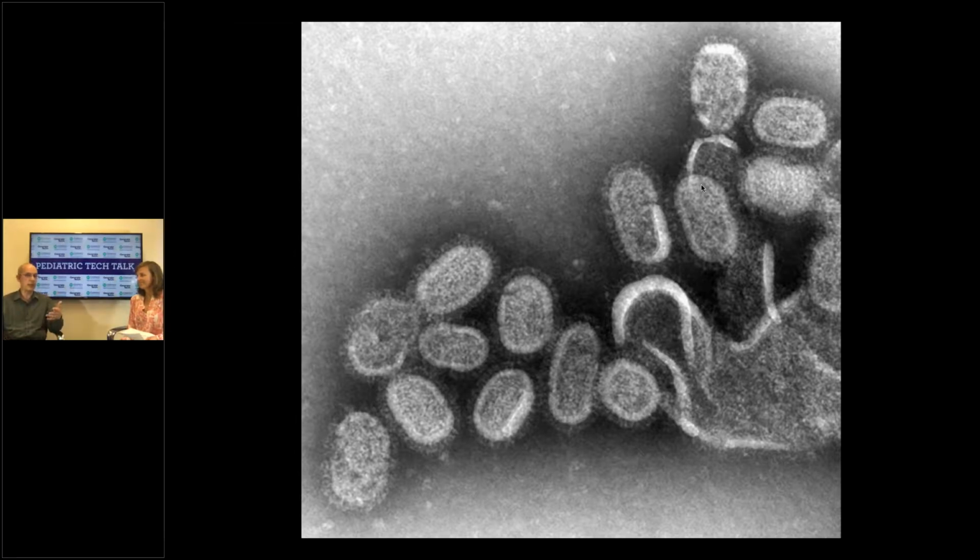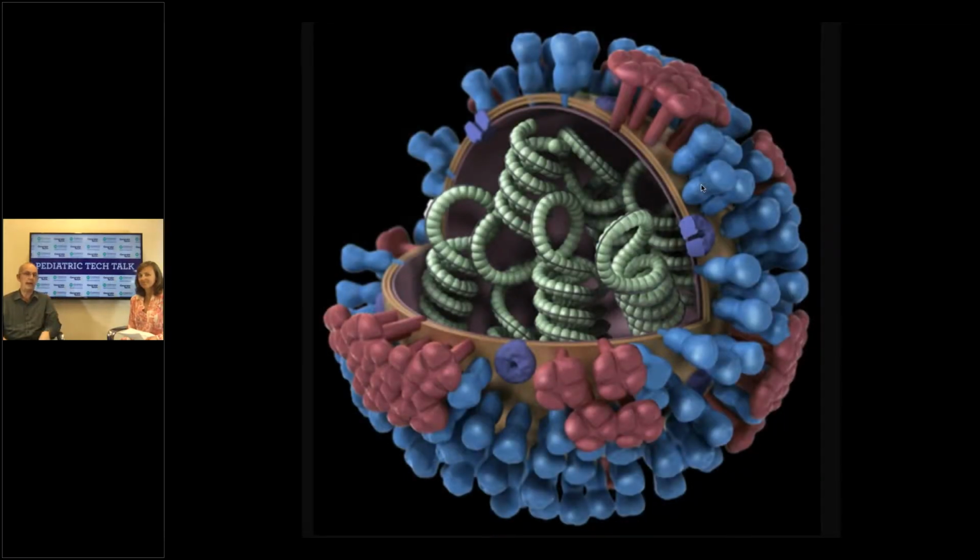But let's look at this structure in a little bit different way. This is actually an image from the Centers for Disease Control and Prevention website, the part of their website that deals with the influenza virus. And this is a representation in a cartoon form of the functional parts of a virus. And so the first thing I want you to appreciate, to be honest, is just how pretty they are.